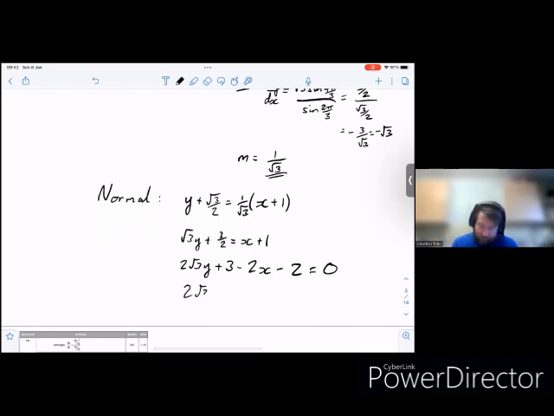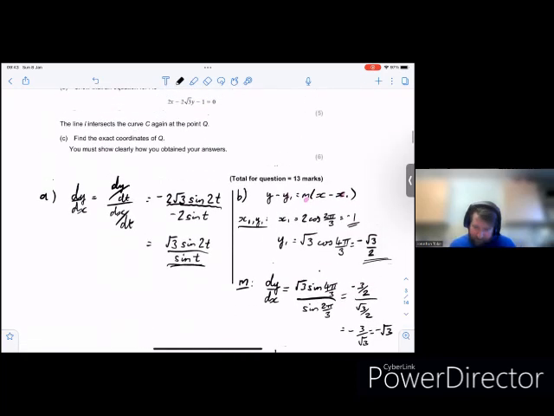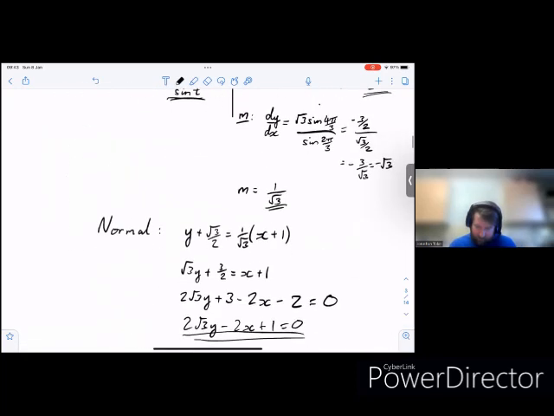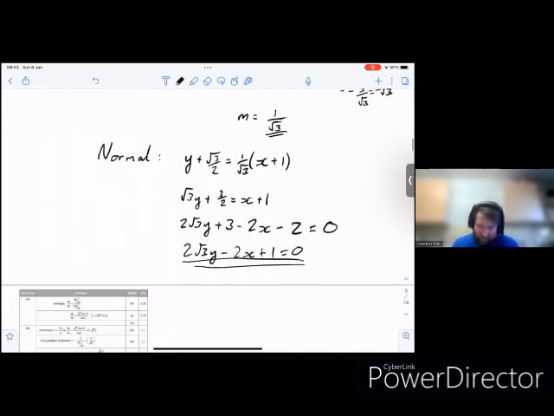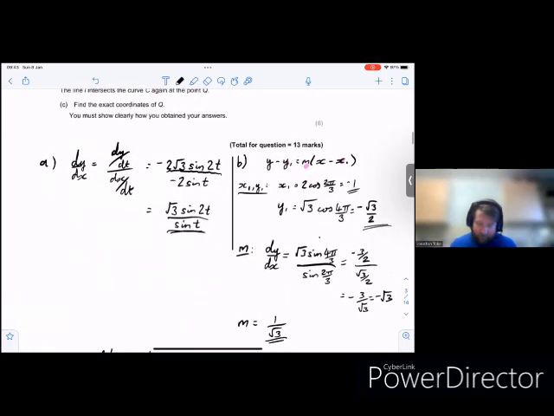So 2√3y minus 2x plus 1 equals 0. Now, is that the answer they gave? Oh yeah, okay. They've put the x first. So technically we've not got the answer they said, but we can just say that it equals 2x minus 2√3y minus 1.